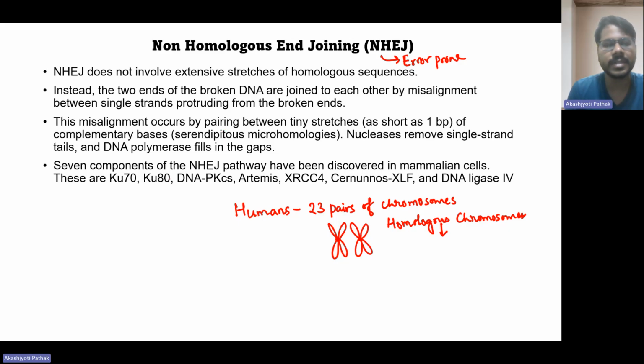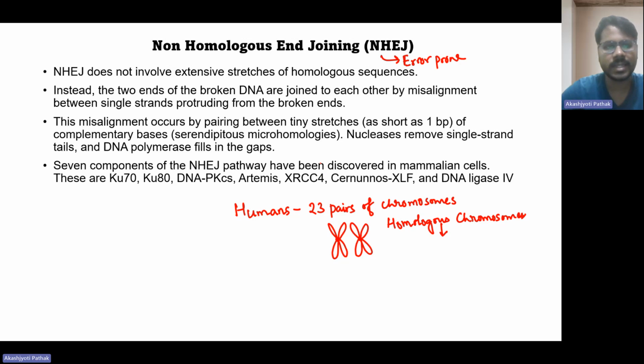These nucleases remove single strand tails and DNA polymerase fills in the gap. There are a couple of proteins involved in this: KU70, KU80, DNA-PKcs, Artemis, XRCC4.